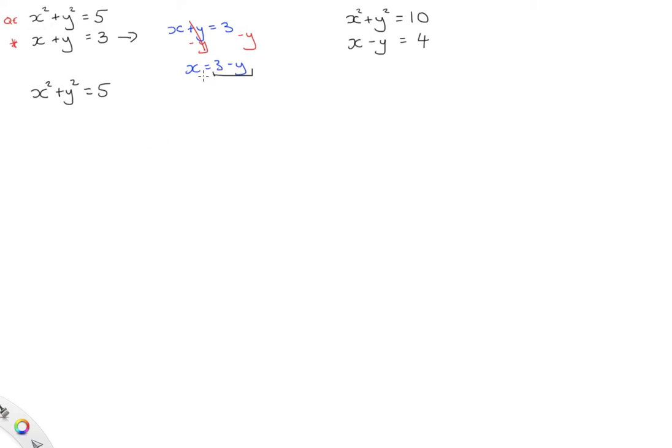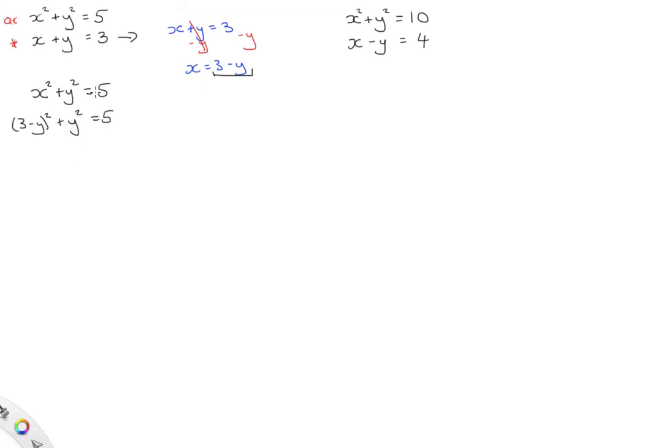So that means that I could substitute 3 minus y in where x is. Okay, so I'm going to do that. I'm going to say (3 minus y) squared plus y squared equals 5.